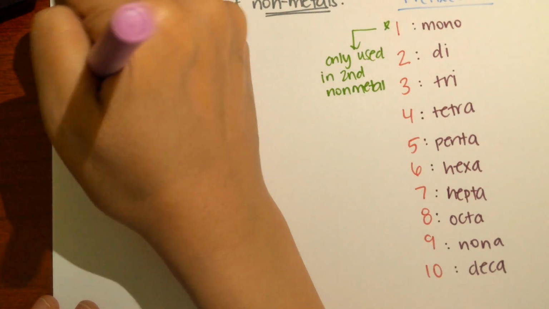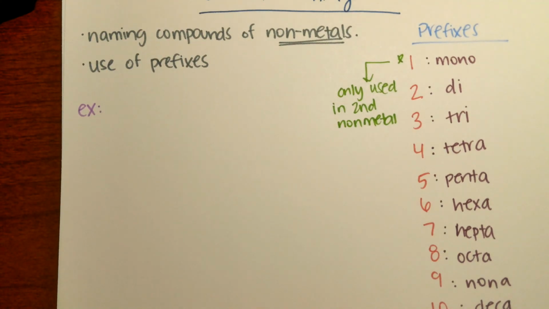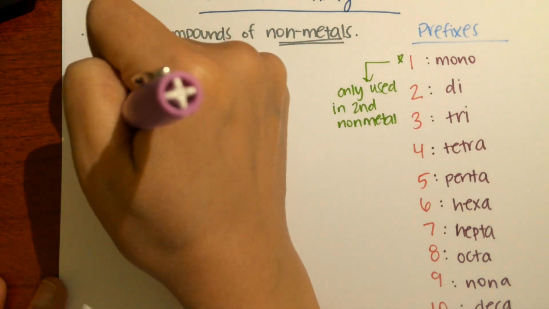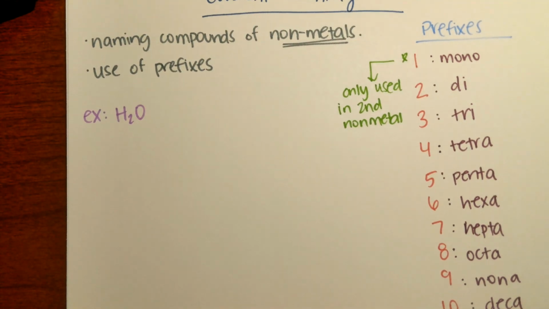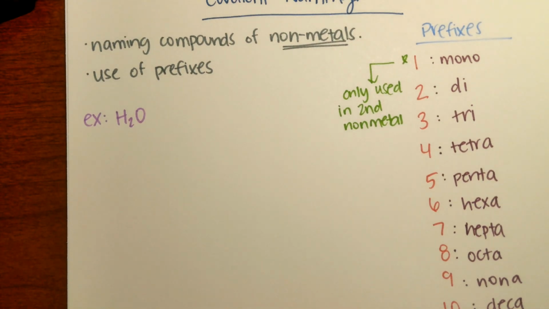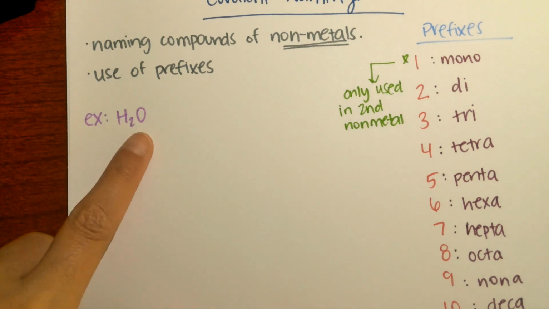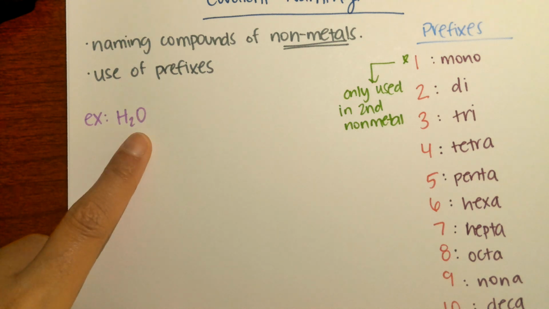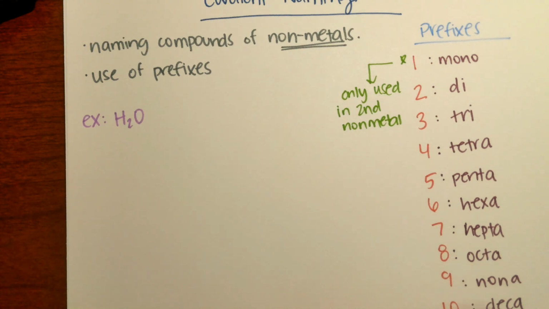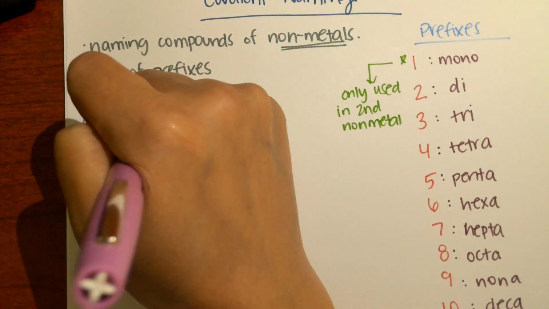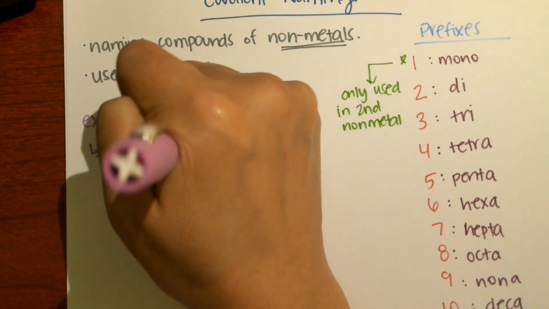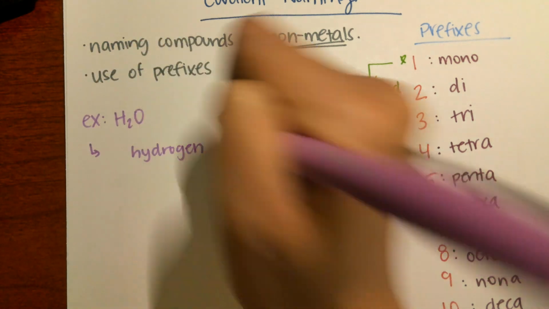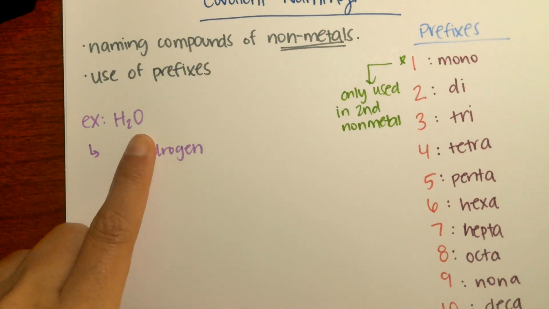We're going to do something very simple, H2O. We all know H2O is water, that's the English term, but there is a chemical term for H2O. First off, we write out the actual name of each nonmetal. H, as we know, is hydrogen, and then O is oxygen.